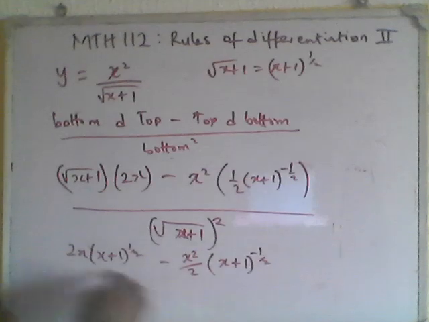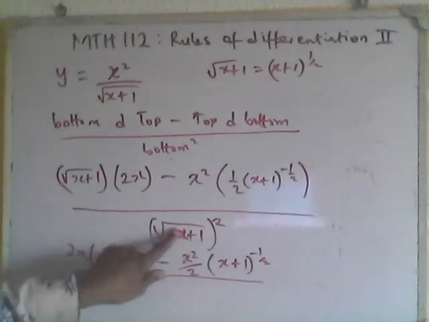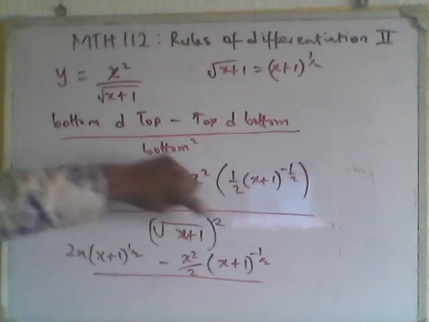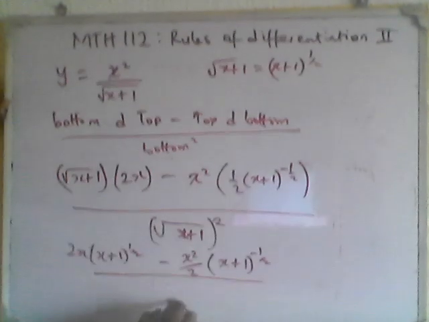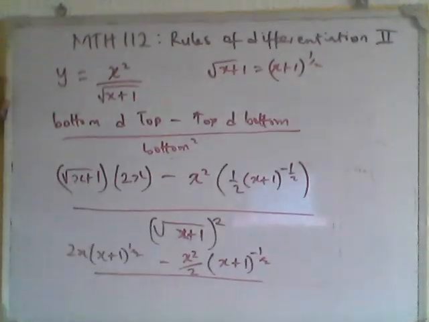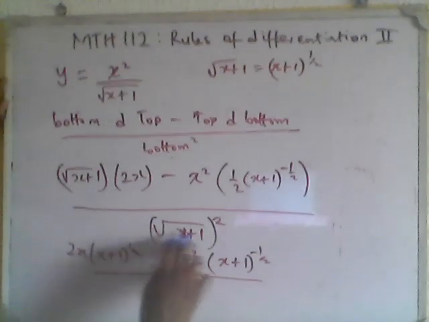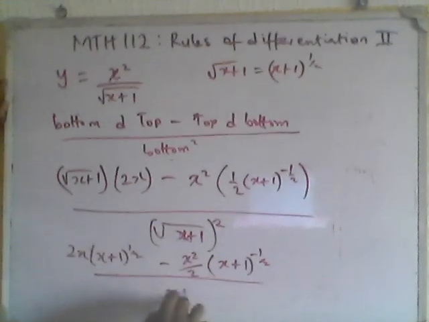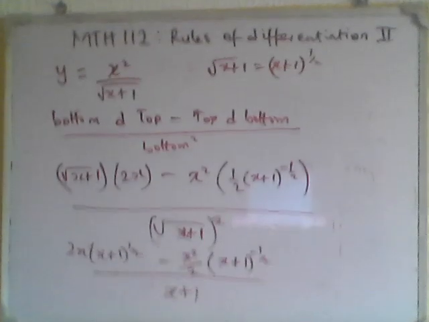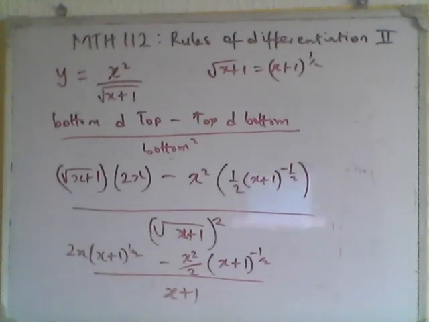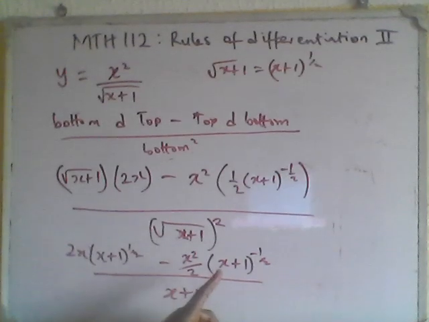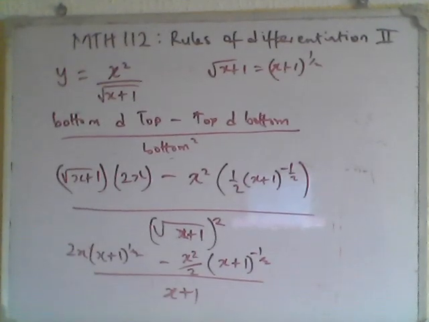Then over the bottom square, this square and the roots will cancel themselves out because this root is the same thing as raised to power half. Half times 2 is just 1. So what I have left is x plus 1. Okay, so this is the answer in its simplest form.